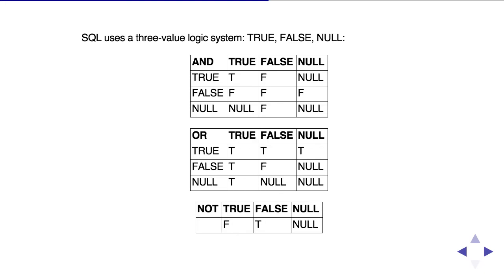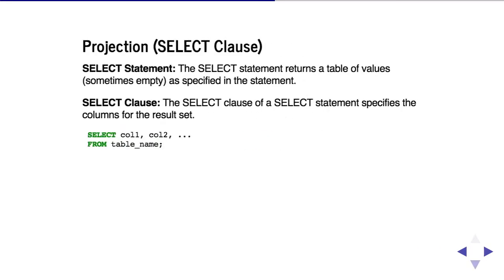And not null will return null, like some unknown Boolean variable. You don't know if that's true or false, so it's still unknown. So it gives you unknown again.